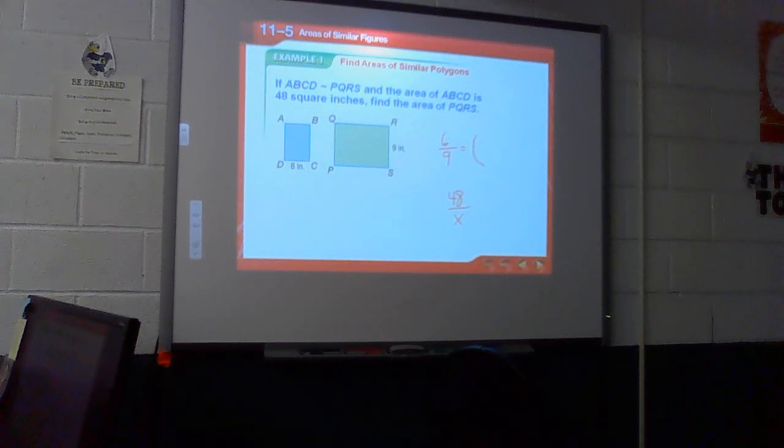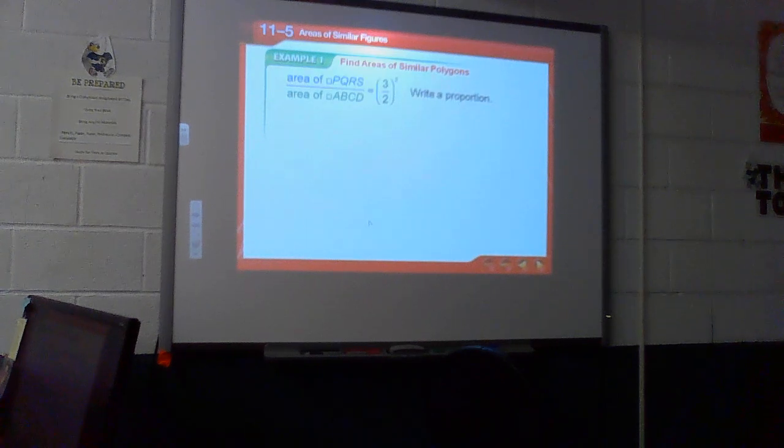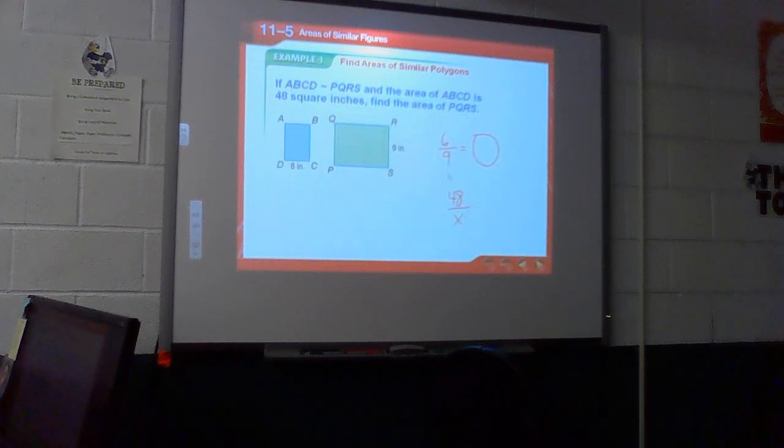Now, I didn't write it right here because when we talk about areas, these areas are squared. So honestly, the book does a nice job with this one. So the first thing that they want you to do is figure out what the scale factor is with the areas. So if we go back to what we had drawn out, we need to find out what the scale factor is for this right here. If I reduce this scale factor, what do I get? 2/3, right?